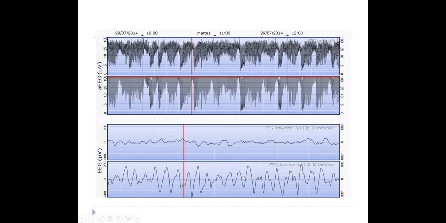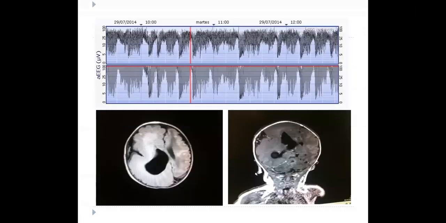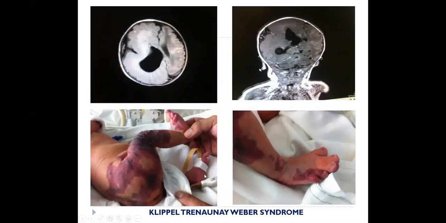Okay, and what happens with the brain? The brain has a hemimegalencephaly on the right side. This is the MRI, and you can see this hemimegalencephaly that is associated with hemihypertrophy of the body and vascular malformation.